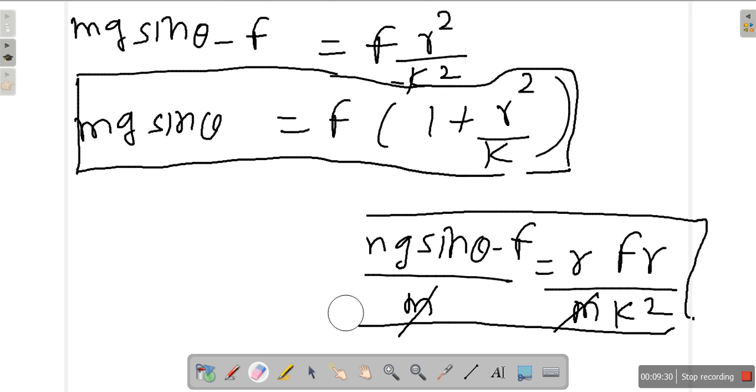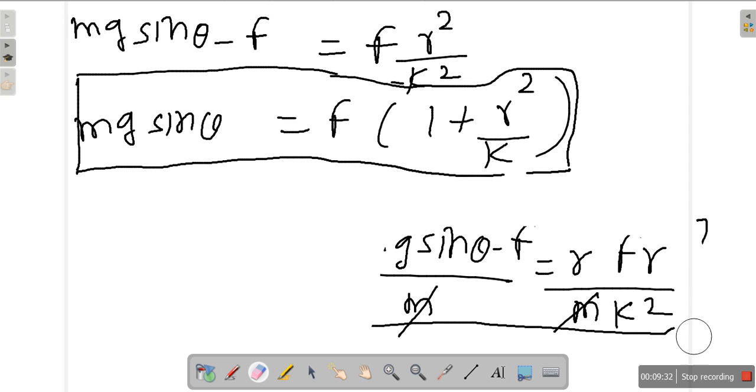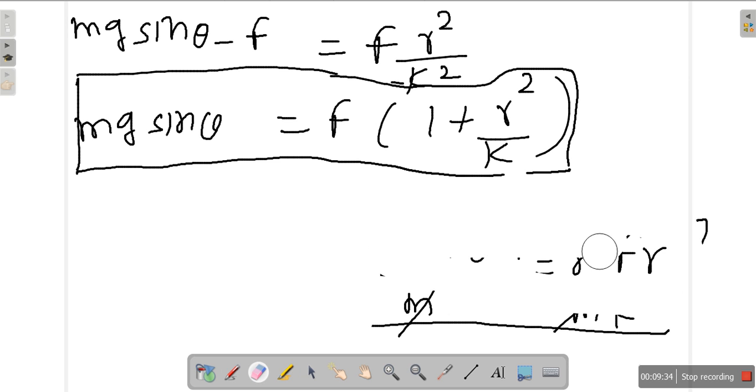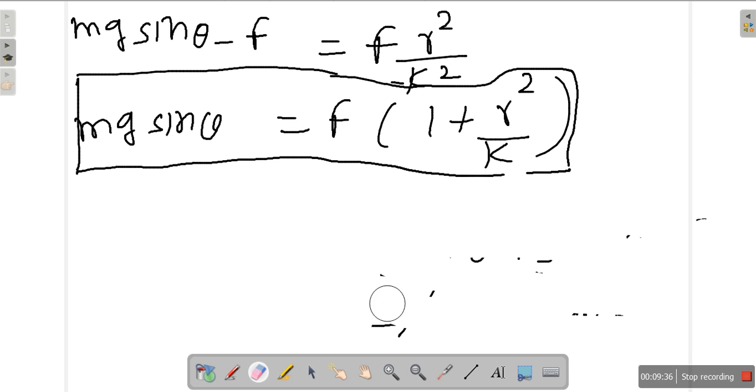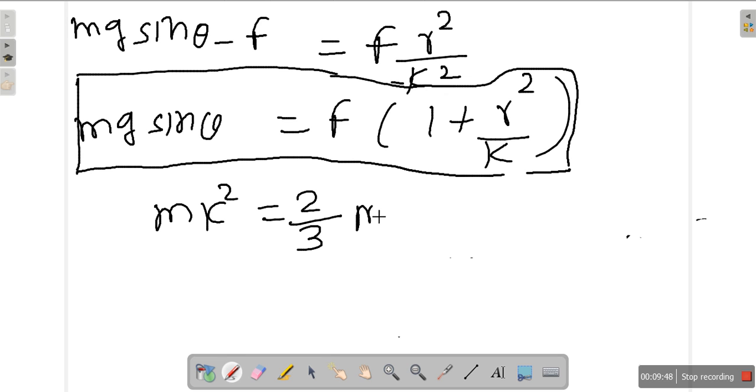Now for a hollow sphere, you know the moment of inertia is 2 by 3 mr square. So when we are talking about a hollow sphere, as it is given in the problem, the moment of inertia mk square is given by 2 by 3 mr square, and therefore r square upon k square will be 3 by 2.